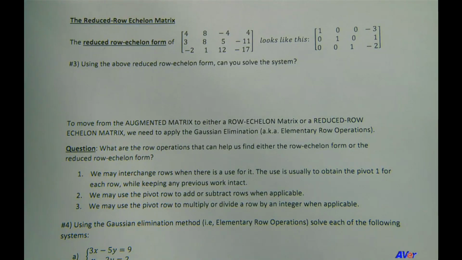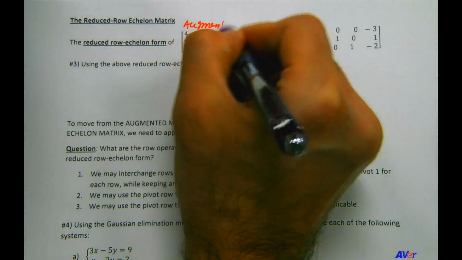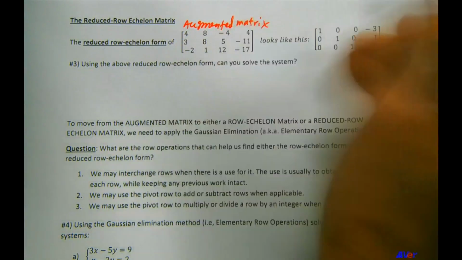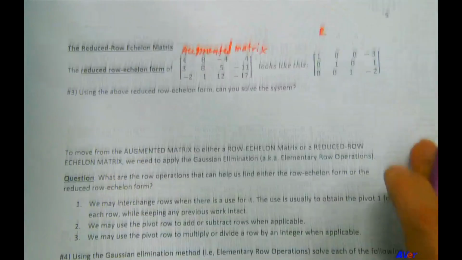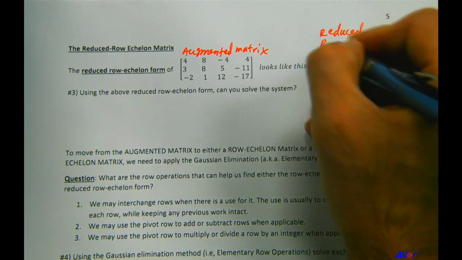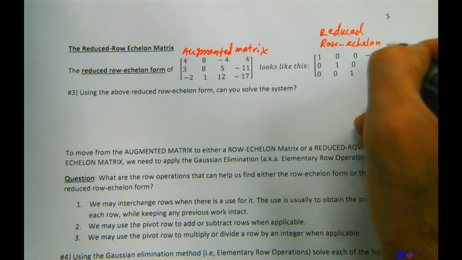Okay, so notice that in the reduced row, well, let me label these first. This one, once again, is the augmented matrix. And this one is the reduced row echelon matrix.